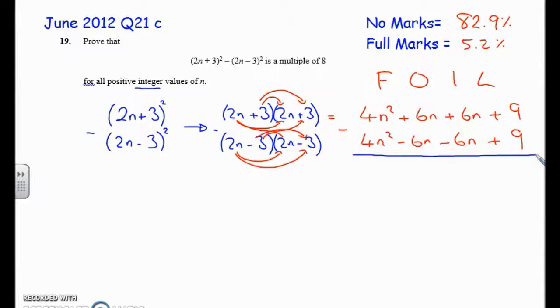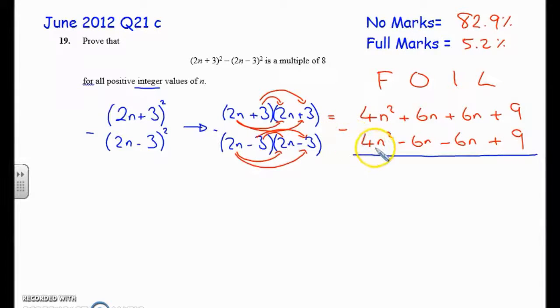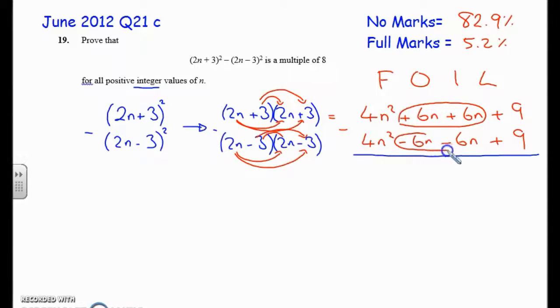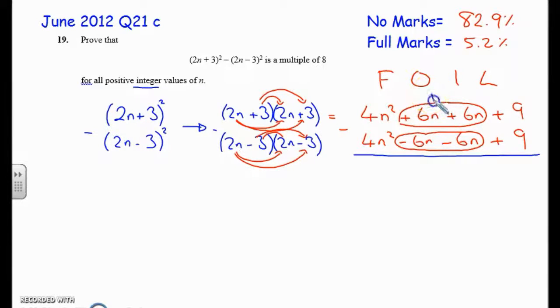So I'm looking at this and I'm thinking, right, well, to start with, I've got 4n squared minus 4n squared. So that's going to be 0. It's going to leave me with nothing. And I've got 6n, this first 6n. I can actually put these together to make it more simplified. So if I simplify those two, I get 12n positive and minus 12n underneath.